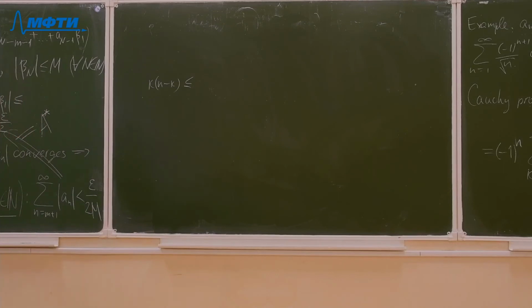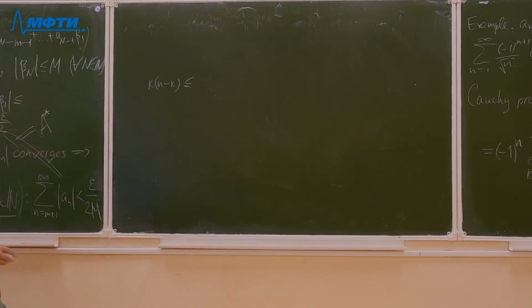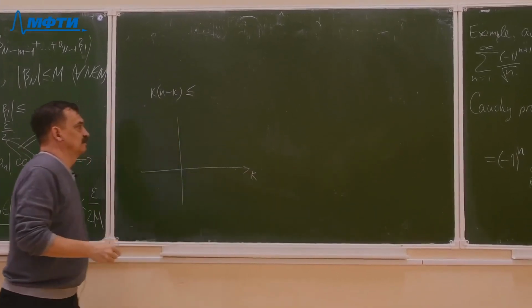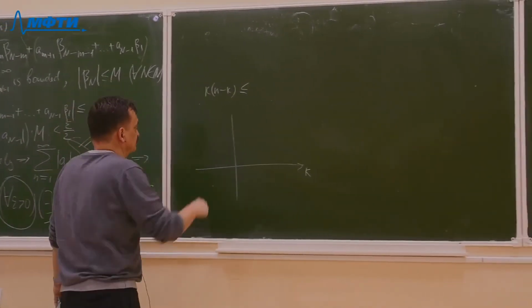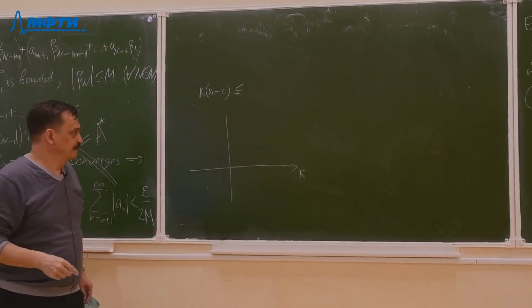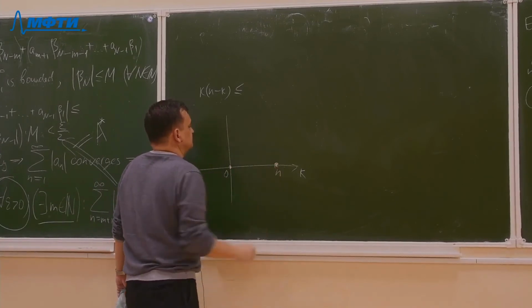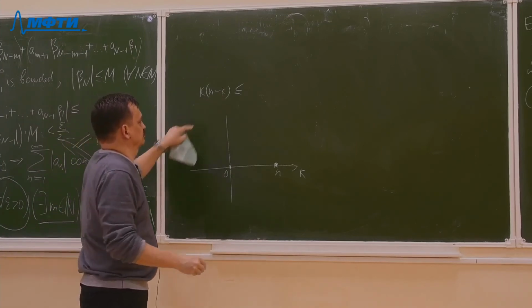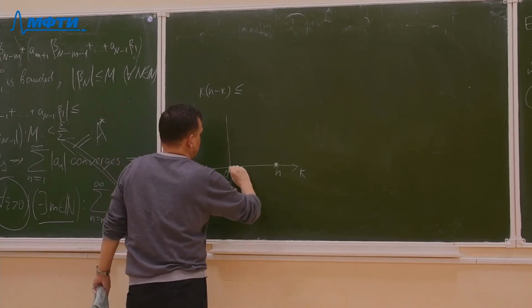So what is it? Look, what we have. If I draw a picture, I forget about k natural, so let's think k to be real. Then what happens? k zero, k n, and the graph of this function k times n minus k is a quadratic parabola like that.